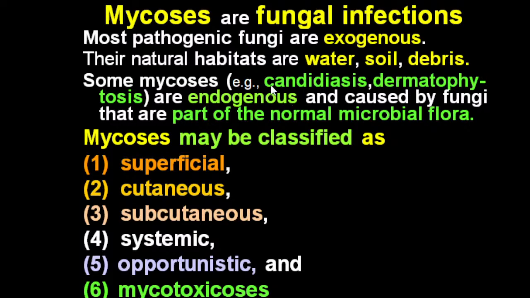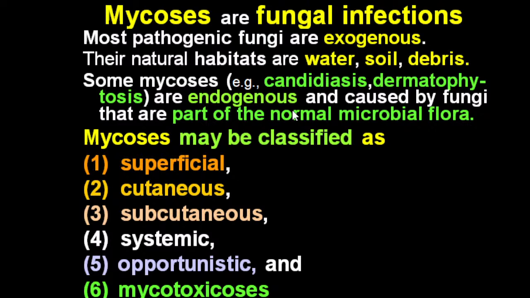So exogenous mycoses are those that are caused by fungi from natural habitats of water, soil, and debris, or taken from another person, while the endogenous mycoses can be produced by fungi that are part of normal flora of the organism. For example, candidiasis can be produced by Candida that is a normal flora organism.